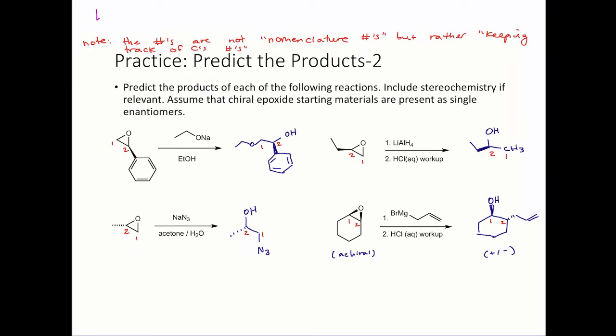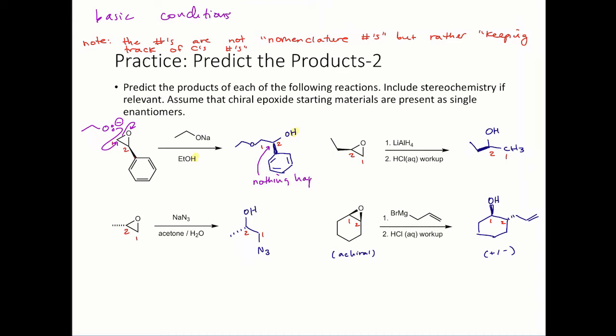So each of these examples is under basic conditions where there's an anionic nucleophile. For the first example, the anionic nucleophile is ethoxide. It will engage in an SN2 reaction with the epoxide, and then after proton transfer, we'll end up with the product shown. Nothing happens at the stereocenter, right? The stereocenter stays the same. Nothing happened here.